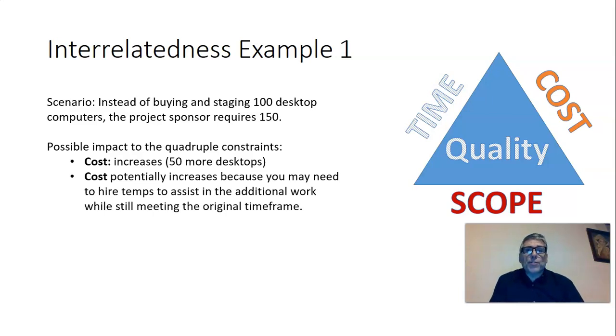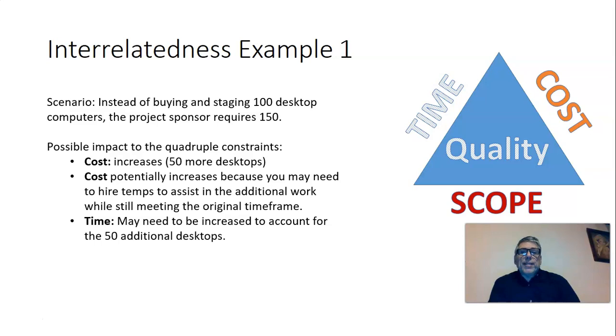Cost could also increase because we may need to hire temporary help to assist in the additional work while still meeting the original time frame. So scope increased, but if the time doesn't increase, costs could increase because we may need more help to get the work done.